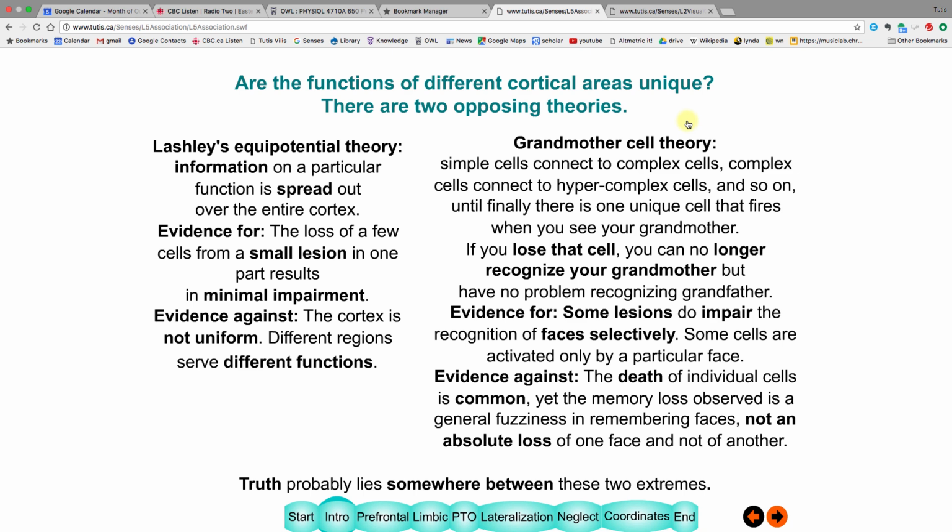There are a group of cells, and it probably turns out to be millions of cells, located in the fusiform face area that light up for your grandmother and nobody else. But it isn't just one neuron, so when one neuron happens to die, you don't suddenly wake up in the morning and can't remember your grandmother. You've got some resistance to that.